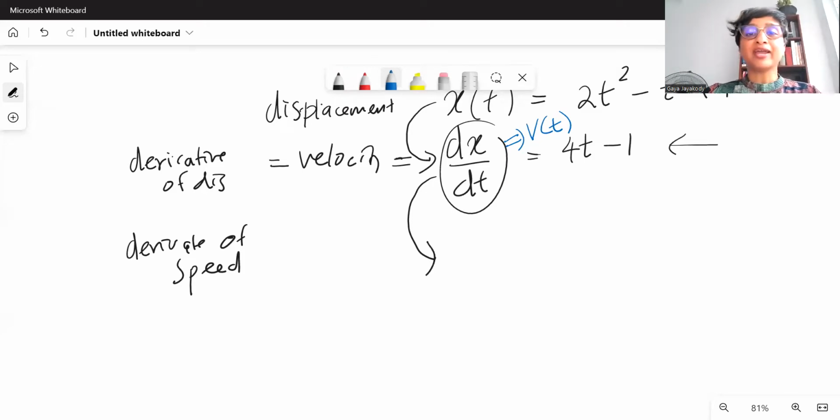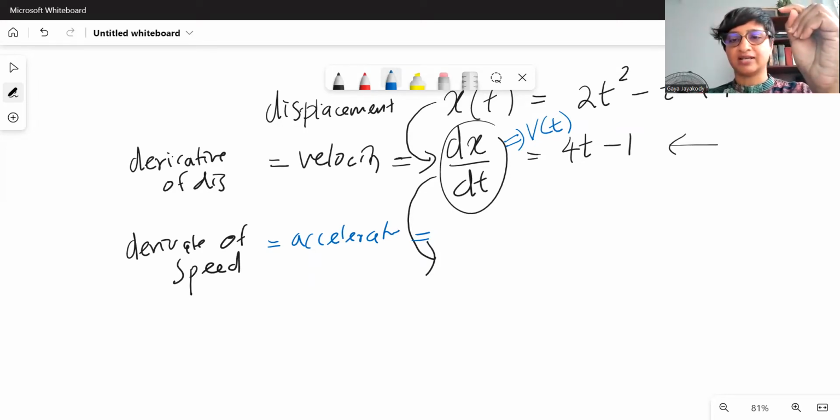Now, if I differentiate the velocity function, what do I get? I will get the derivative of the velocity. Yes, Bhagya. What is the rate of change of velocity with respect to time? That is acceleration. So the derivative of velocity is acceleration. I would be getting acceleration if I differentiate the velocity function.